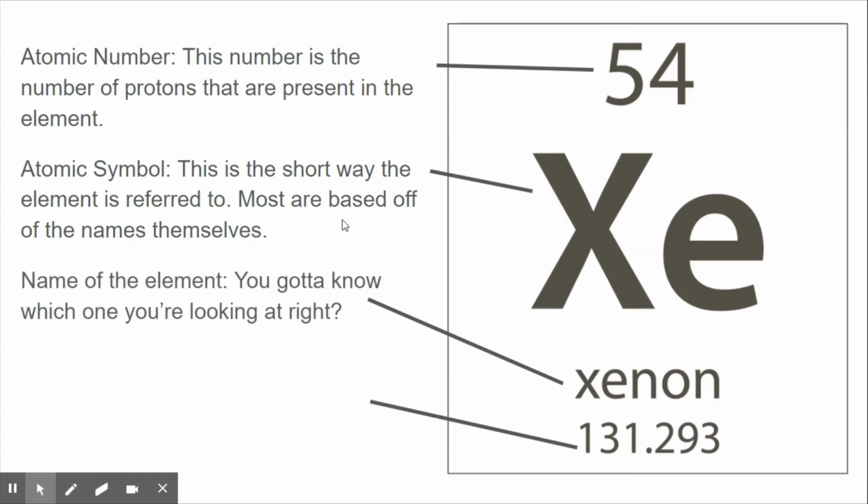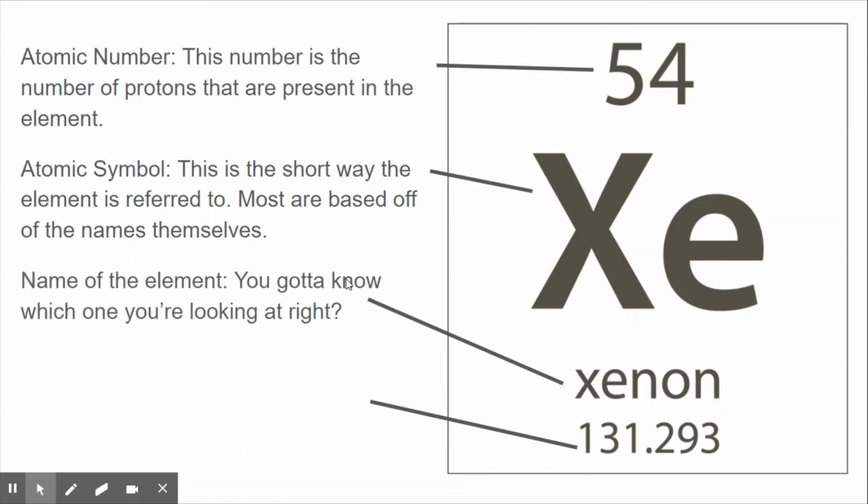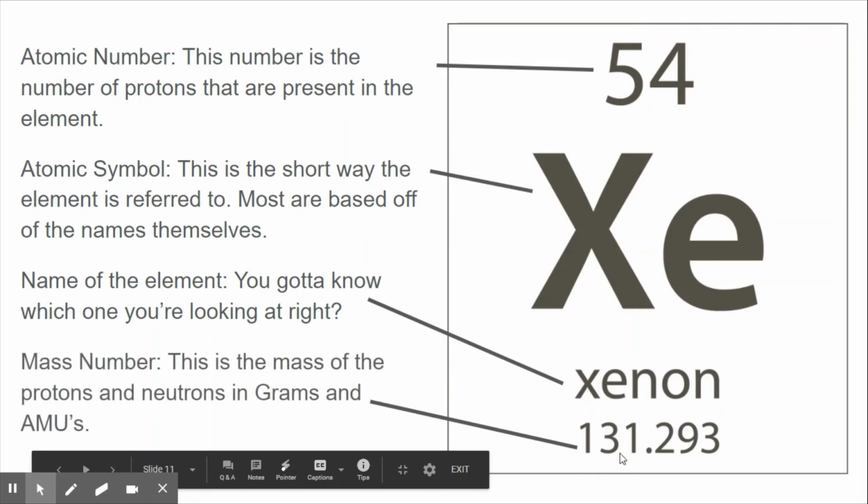Next one down, xenon is obviously the name of the element. We've got to know which element we're looking at, right? And then, last but not least, the bottom number here is the mass number. If you remember correctly, we talked about mass number being protons and neutrons put together.